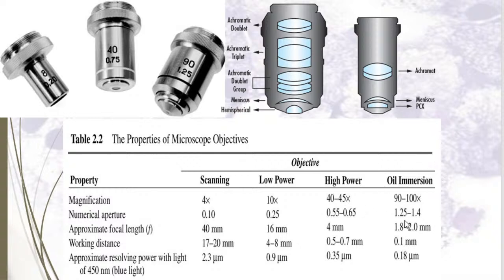Oil immersion objective lens is ordinarily 1.25, 1.4. Approximate focal length is also represented here, working distance also represented here. So you can use this as special tables for your microscopic investigations.